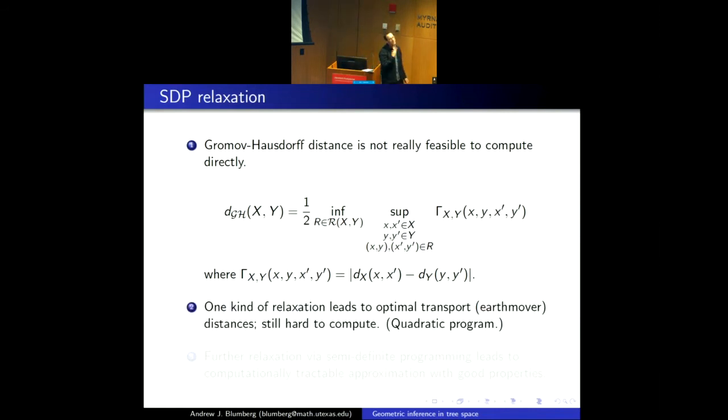And by relax, I just mean instead of trying to find the minimax, you try to minimize a sum. So turn that sup into a sum, for instance. And this is a very standard kind of thing in dealing with expressions like this. One relaxation, maybe the first one, leads you to an optimal transport problem, sort of an earth mover distance kind of problem. And these are well studied, but they're hard to compute.